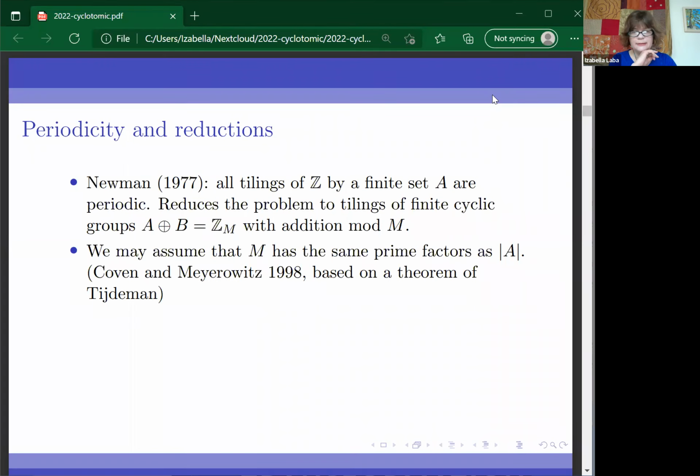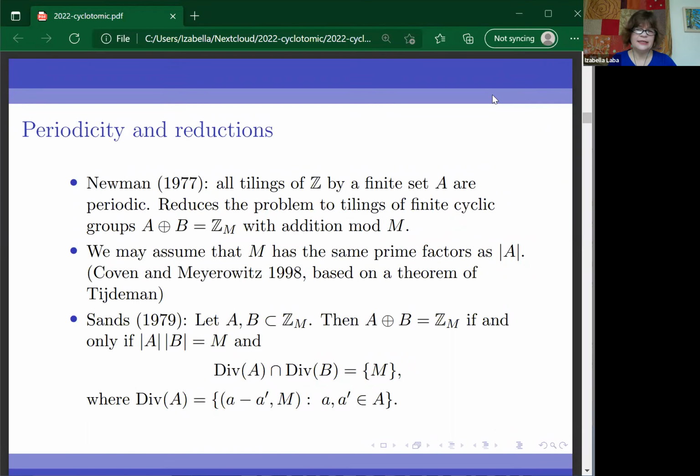Another reduction is that we can assume that the period of tiling M has the same prime factors as the cardinality of A. This is due to Coven and Meyerowitz 1998, and that's based on an older theorem of Tijdeman.